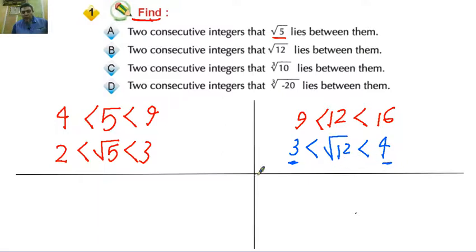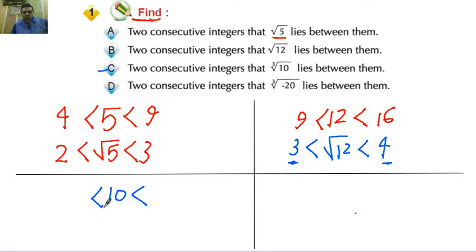Part C: two consecutive integers that cube root of 10 lies between. We choose two perfect cubes, one directly less than 10 and one directly greater than 10.